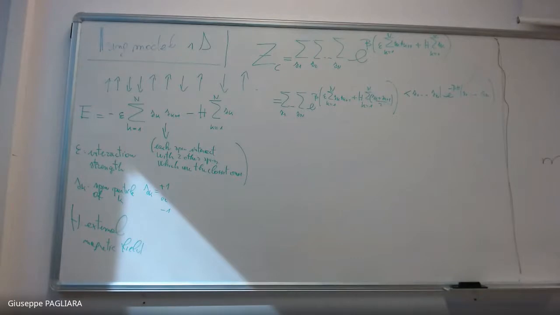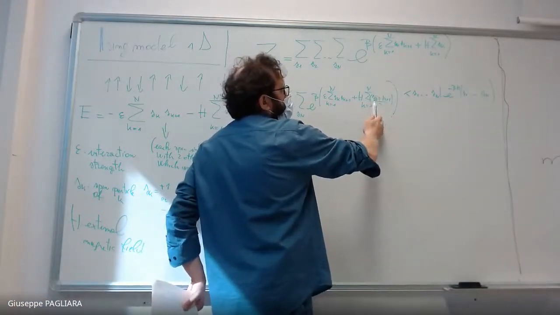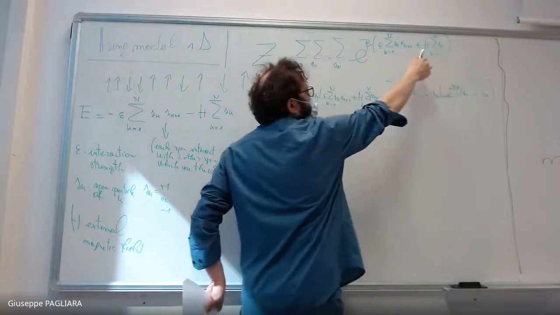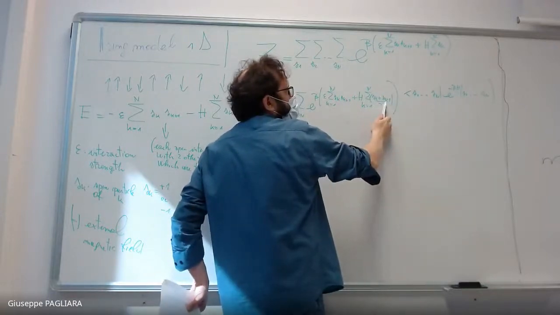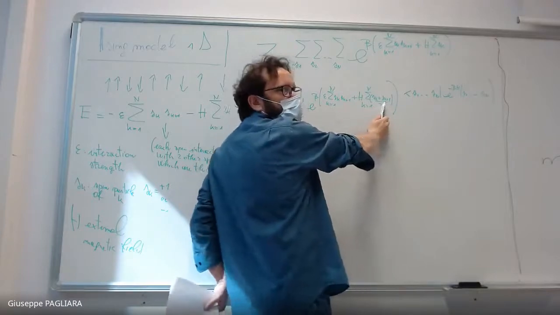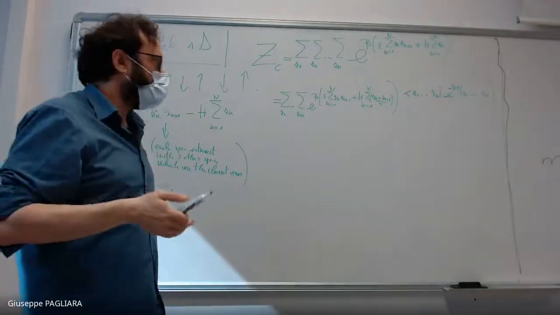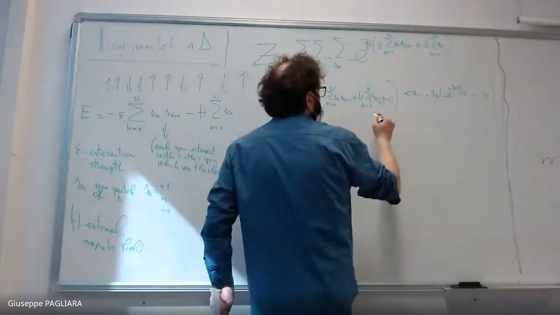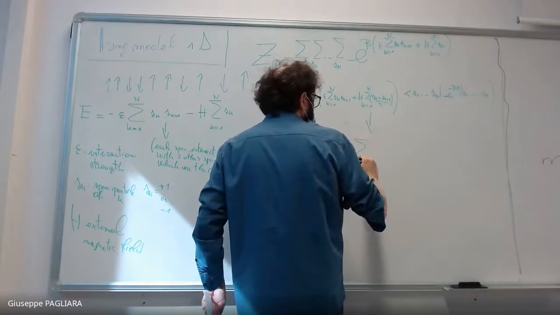What I'm doing here is basically an average, in the sense that I'm summing over S_k and over S_{k+1}, and dividing by 2 in order not to add anything extra.